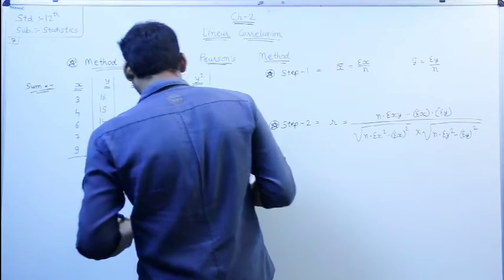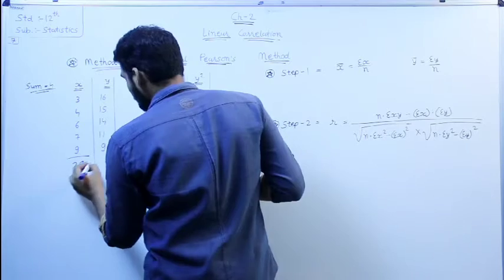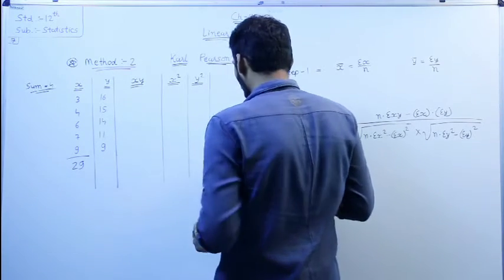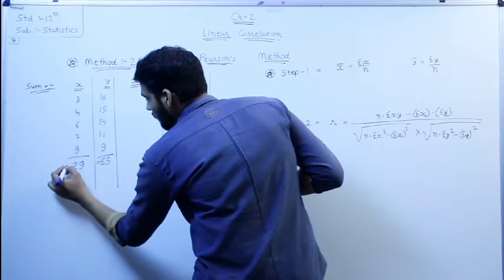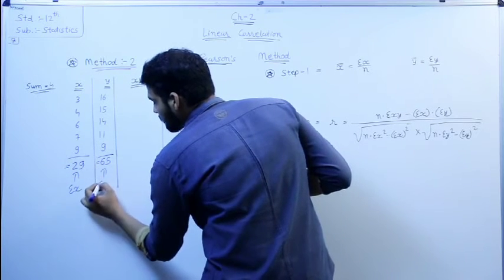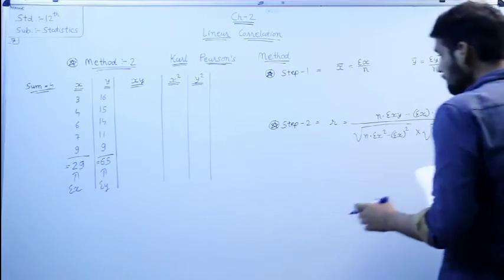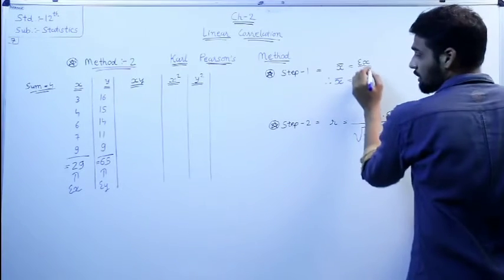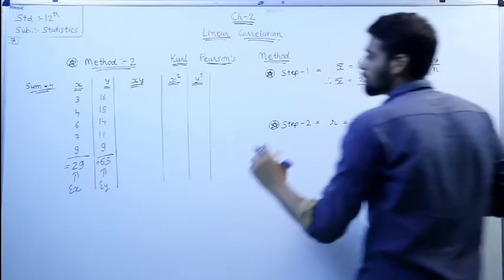So the total of the x column is 29 and the total of the y column is 65. Okay, and it is denoted by sigma x and sigma y. Okay, so now we find the x bar. So x bar is equal to sigma x, which is 29, and n means the number of observations.